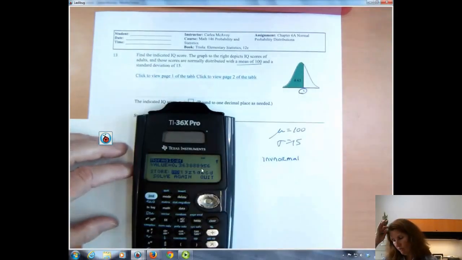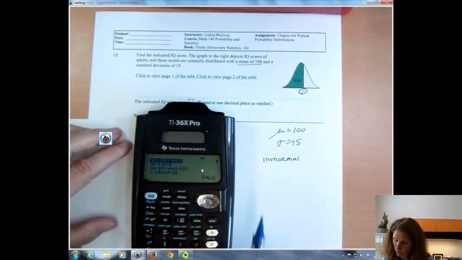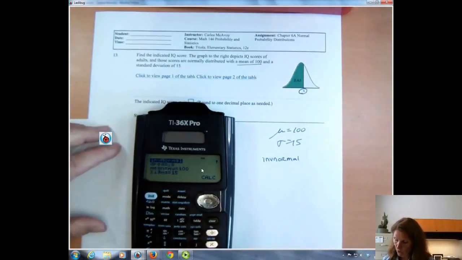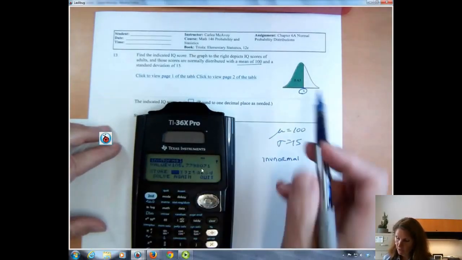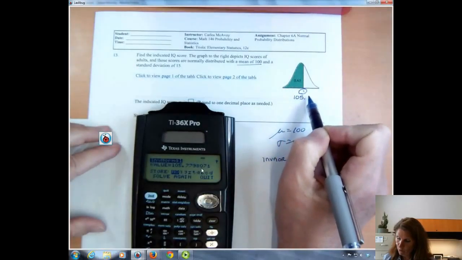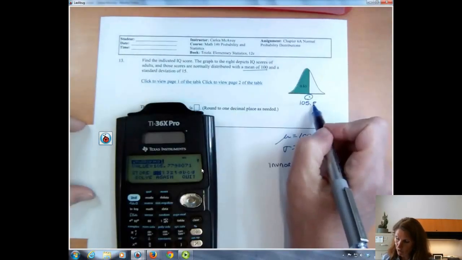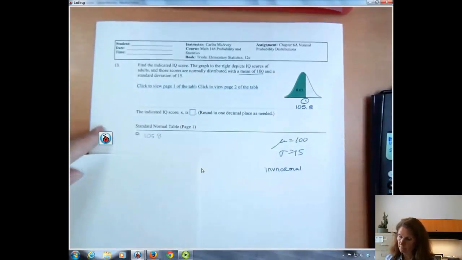Second function, distribution, we're going down to inverse normal. Notice that they still have in there 115, which is good for us because it's the same, but you want to make sure that it always matches your problem. We have 0.65 for the area. And so in that case, not our z-score, but our IQ score at that point would be, to 1 decimal place, 105.8.